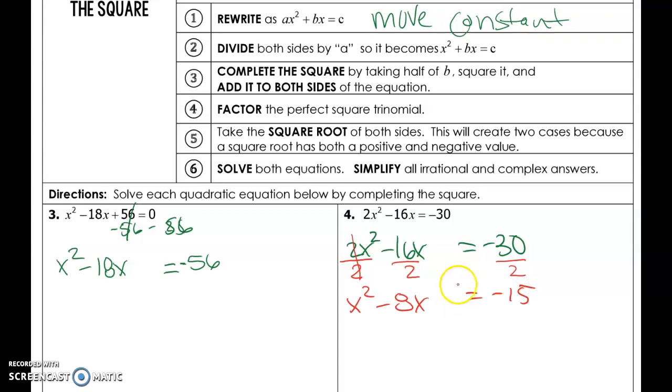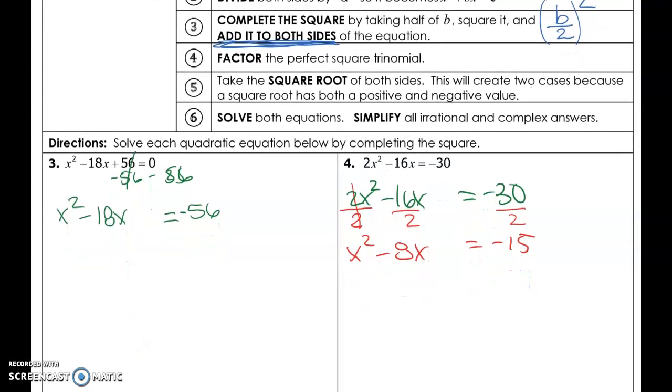So step 3 says complete the square by taking half of b, square it, and add it to both sides. So I have b, I'm taking half of it, and I'm squaring it. And then it's really important that I remember I add this to both sides. So I'm going to continue with example 4, and you guys will finish example 3.